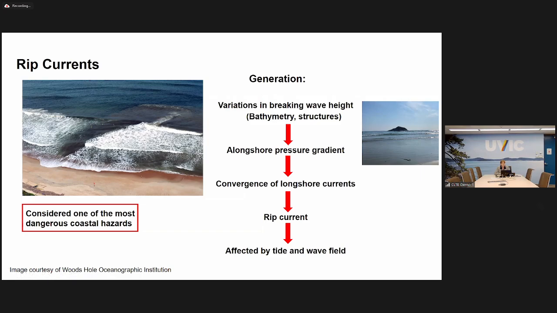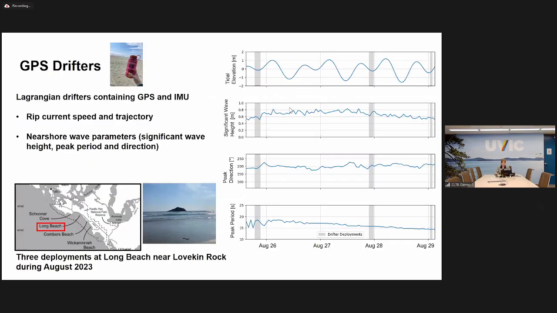So these variations in breaking wave height cause an alongshore pressure gradient, which results in longshore currents that converge, and then the result is an offshore flowing rip current. And as well, rip currents are greatly affected by the tide, the tidal elevation, and also by the incoming wave field.